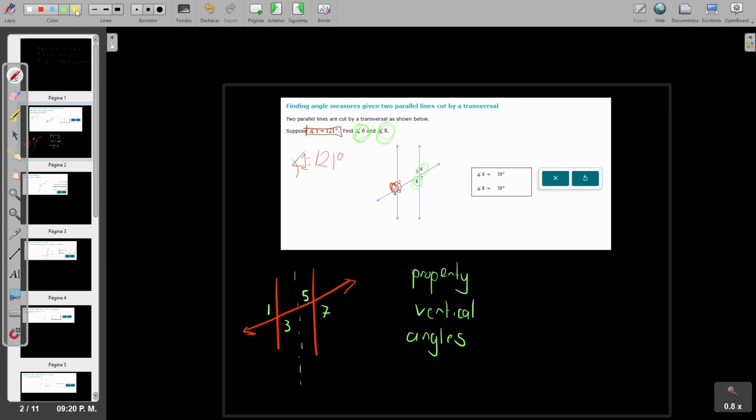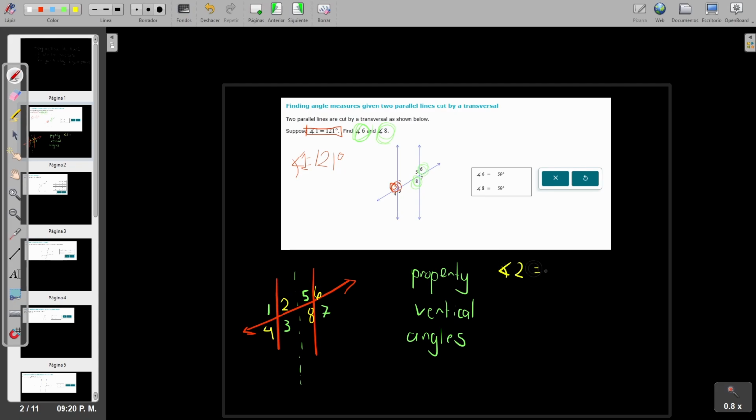Now that we know that, we can also see that angles number 2, 4, 6, and 8 are going to be of the same value. I'm going to be writing this here.